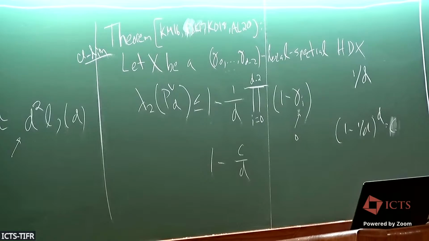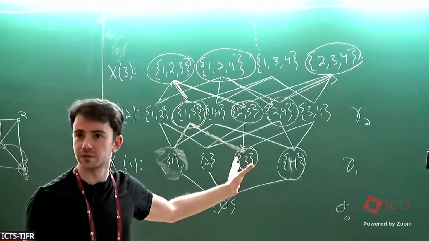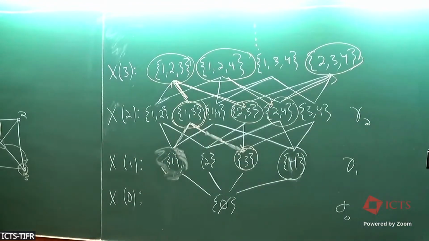Similarly, if this complex continued going to higher dimensions, gamma 2 would be the worst link expansion across fixing any edge. Gamma 3 is the worst expansion across fixing any triangle, etc. So it's just doing a level by level, finer grained version rather than saying the worst total expansion over the entire thing. And we'll see where this comes from in the proof. So you basically will do an induction level by level, and you'll pay a factor of gamma i in the level you're inducting on in the proof.